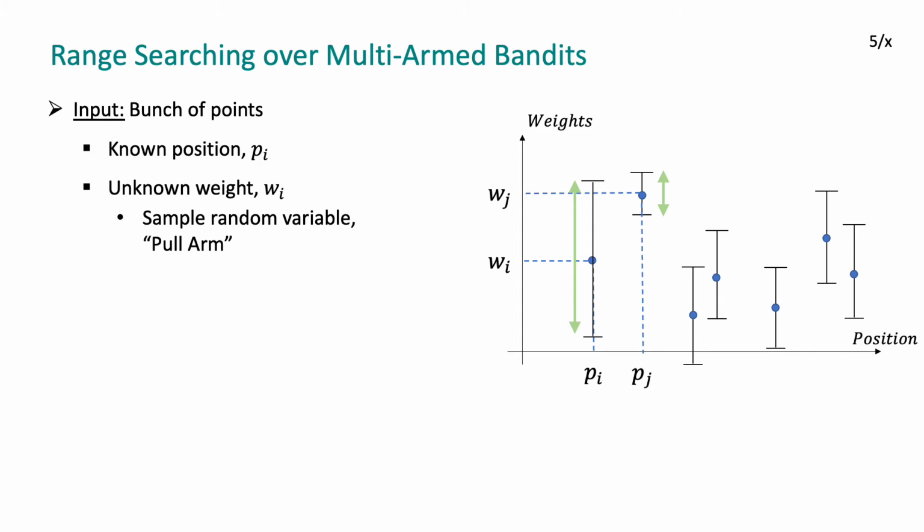That is, with high probability, the true weight w_i is somewhere within this range shown here. The more you sample, the closer the estimate is expected to get to the true weight. That is, the confidence interval about the true weight shrinks, and beyond some stage, clear distinctions between the weights begin to emerge. Here, with the intervals well separated, you know with high probability that w_j is larger than w_i.